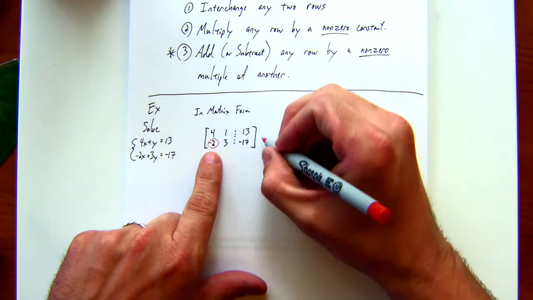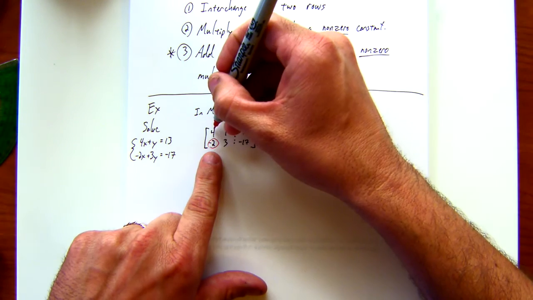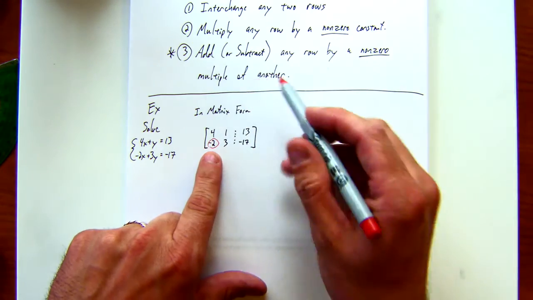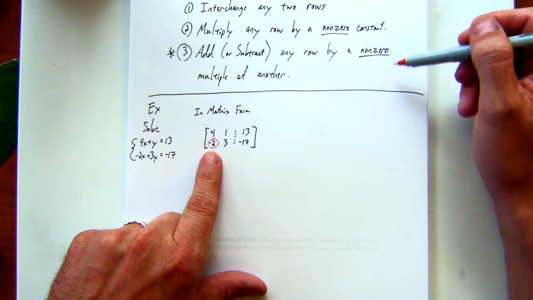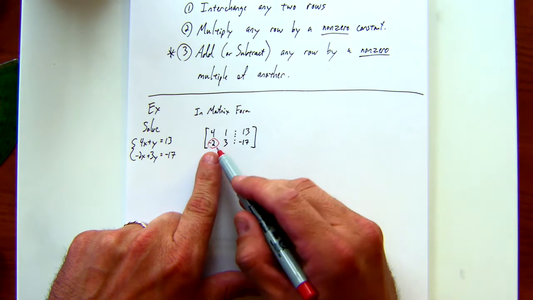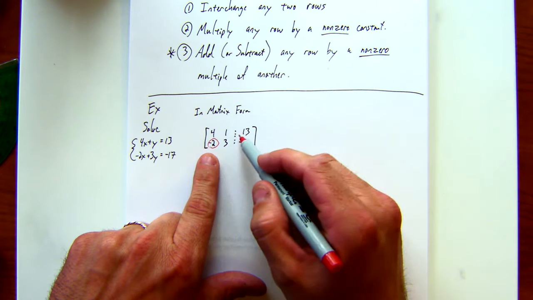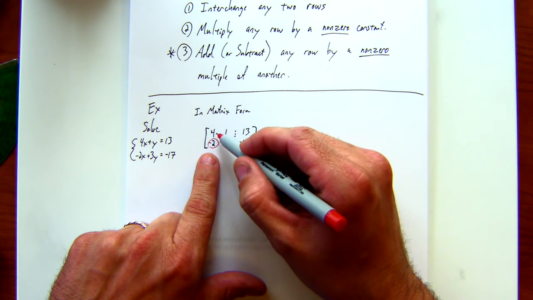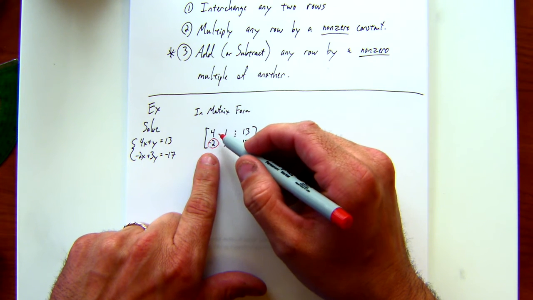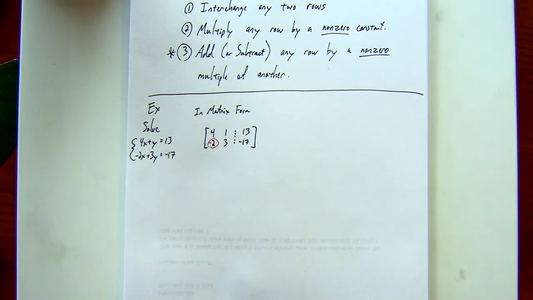If I multiply it by 2 and then add the row in front of it, these are the only things that I can do, right? I can add any row by a non-zero multiple of another. So if I multiply this row by 2 and then add this row, I'll get a negative 4 plus a 4. That'll make it a 0. That's exactly what we want to do. But we have a shorthand notation.